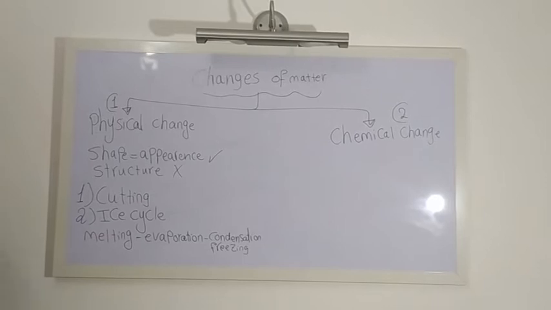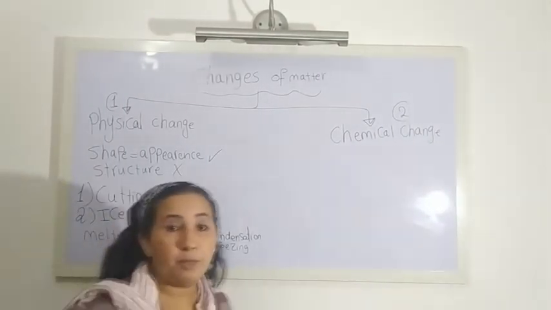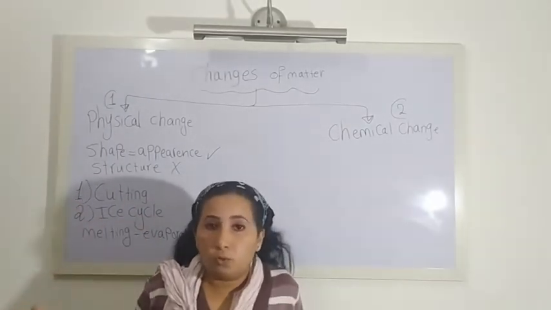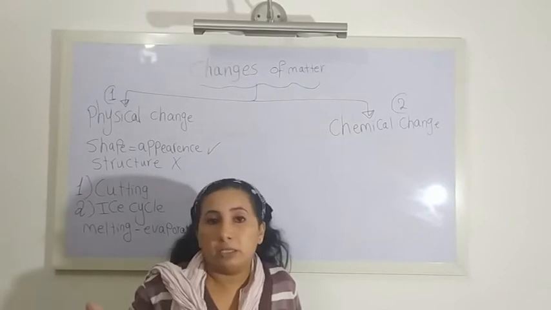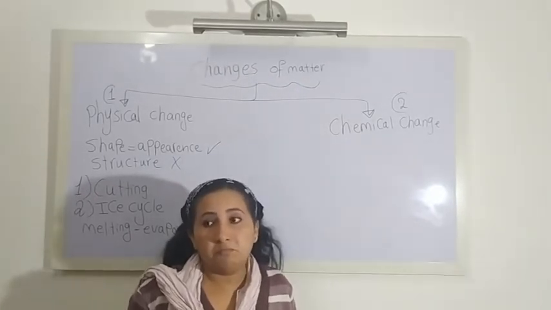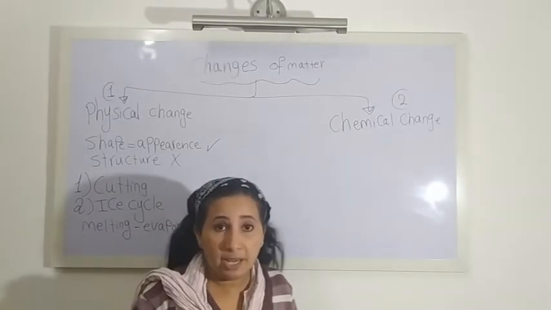All of these are physical changes. If I freeze a bottle of water into ice, it changes in the shape or appearance, but the structure is still water. If I let it melt, I can drink it again. Okay?